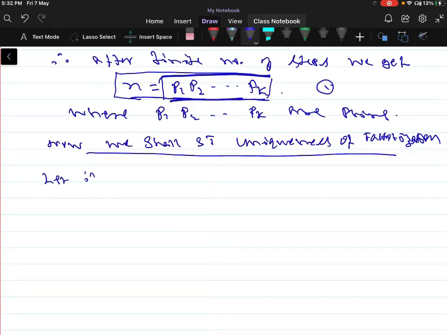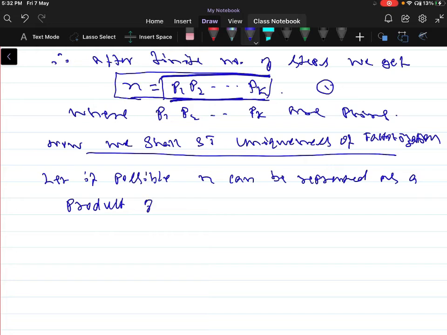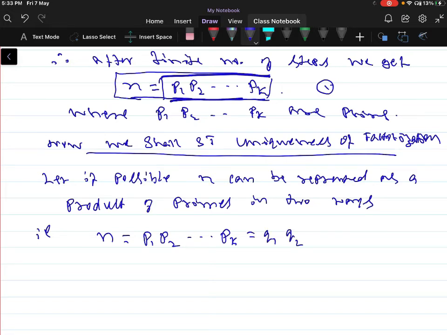Let, if possible, n be represented as a product of primes in two ways, that is n is equal to p1 into p2 and so on pk, which is equal to q1 into q2 and so on ql, where k is less than l.